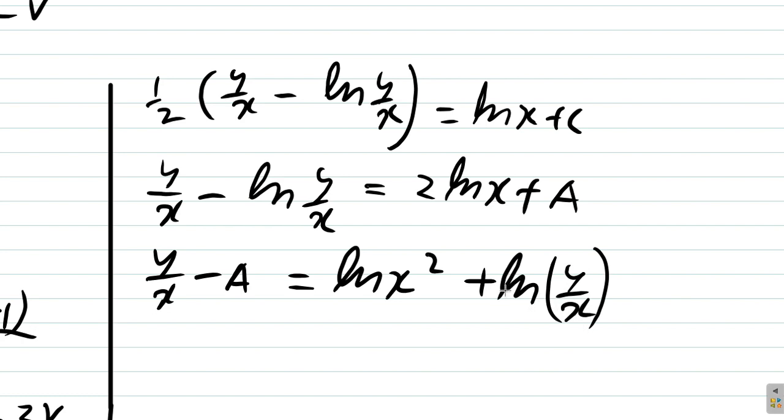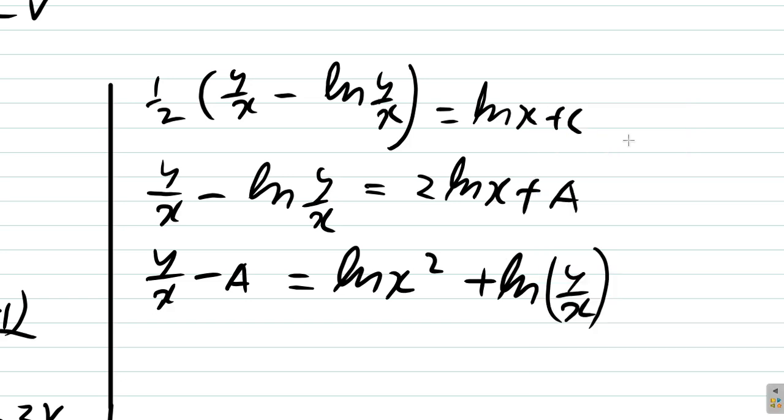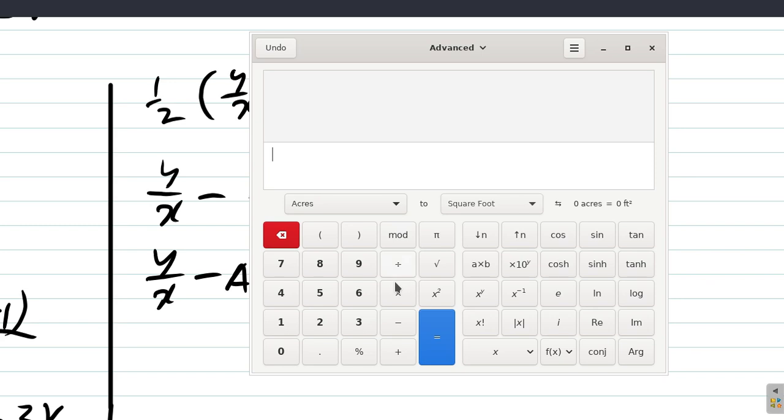Remember, if you remember your laws of logarithms, when you have ln of a number plus ln of another number, for example, say 5 by 6, ln 5 plus ln 6 is equal to 3.4 something.